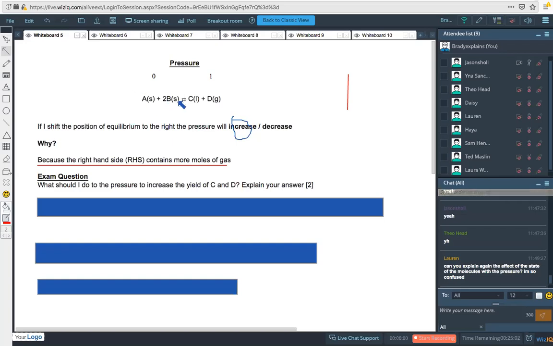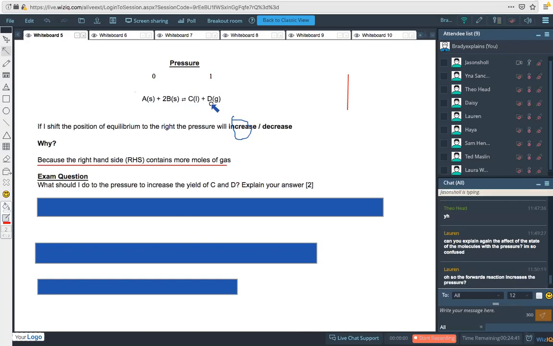B does not cause pressure because it's a solid. C does not cause pressure because it's a liquid. D will cause pressure because it's a gas. So making more products will increase the pressure because you've made more moles of gas. Yes, absolutely, Lauren.